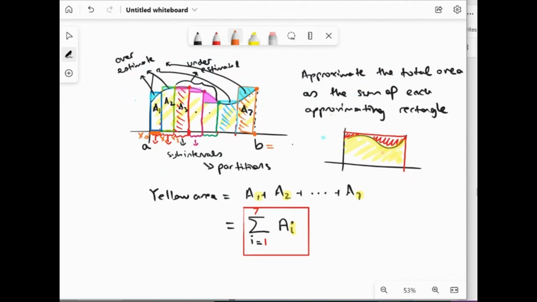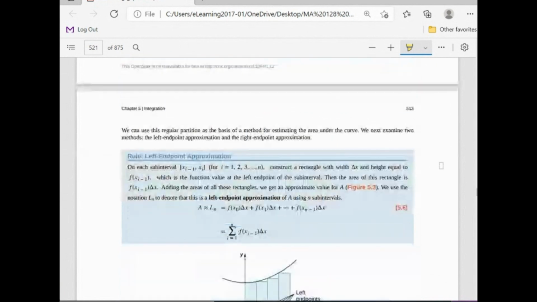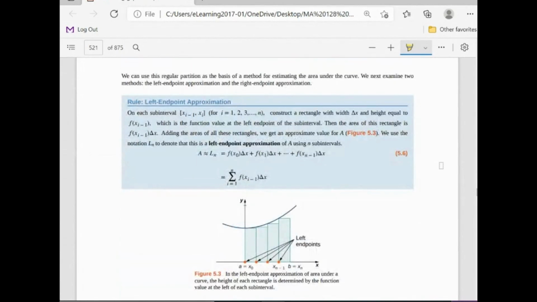The last point, we will name it x sub n. The first point is x sub 0, and it's going to go until x sub n. And these are called regular partitions. That means we divided them evenly.